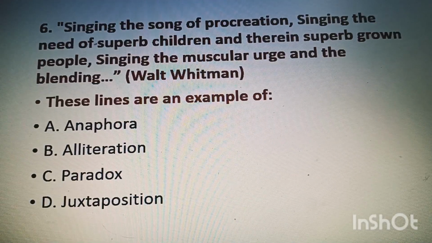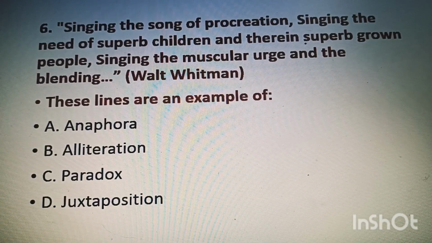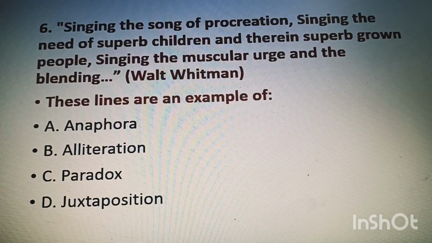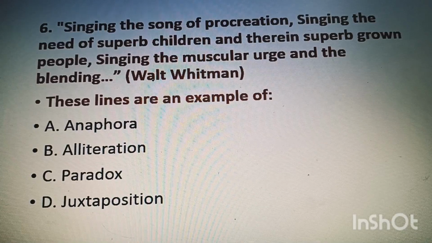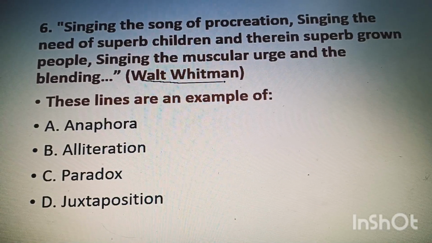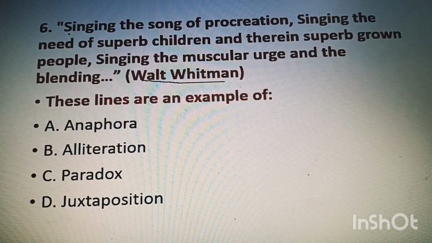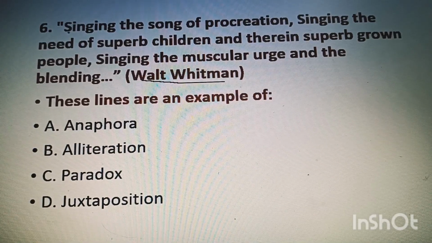Question number 6. Singing the song of procreation, singing the need of superb children and therein superb grown people, singing the muscular urge and the blending. So, this is a poem by Walt Whitman. अब यहाँ पर सिर्फ आप see 3 lines are there.